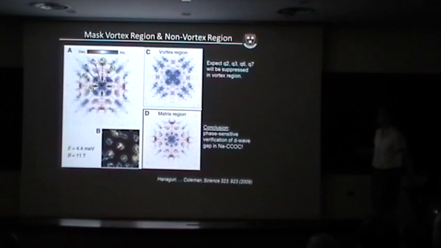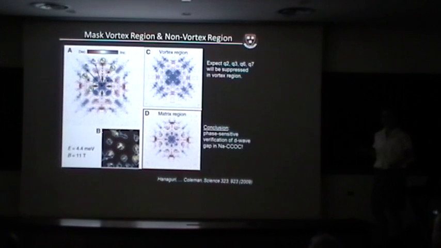When the QPI pattern at 11 Tesla was subtracted from the QPI pattern at 0 Tesla, or sorry, the other way around, exactly the expected pattern was found for the whole area of the sample, where the enhanced ones were seen in blue and the suppressed ones were seen in red, exactly as expected.